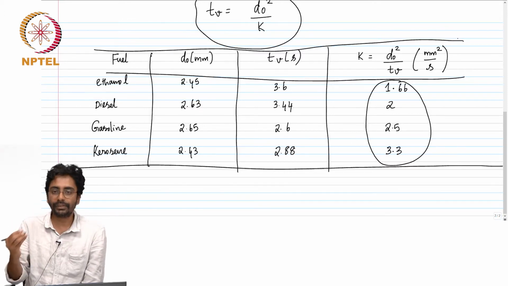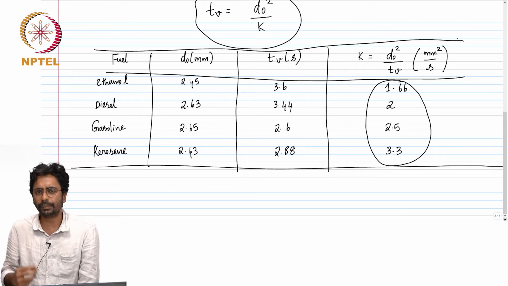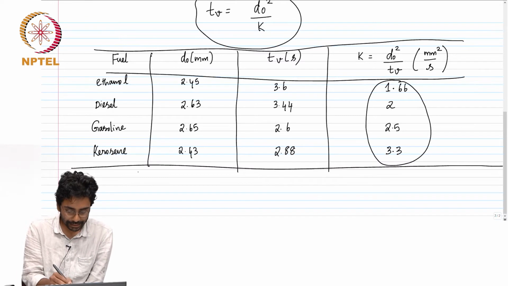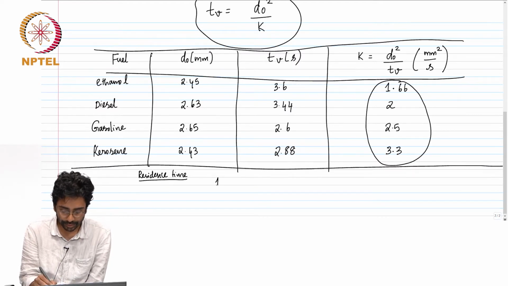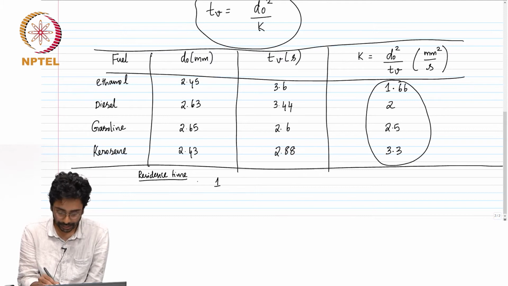We saw earlier that the range of residence time is between 3 and 5 milliseconds. So let us take 3 different cases. Let me take 1 just as a lower limit, and then 1 millisecond, 3 millisecond and 5 millisecond.